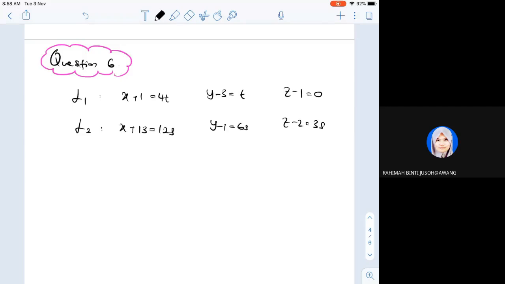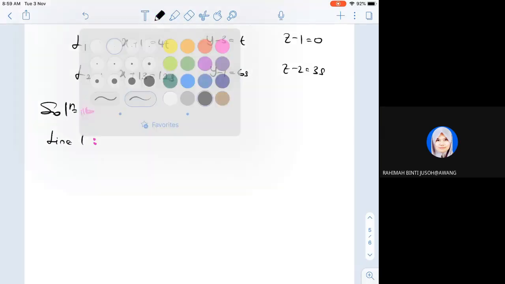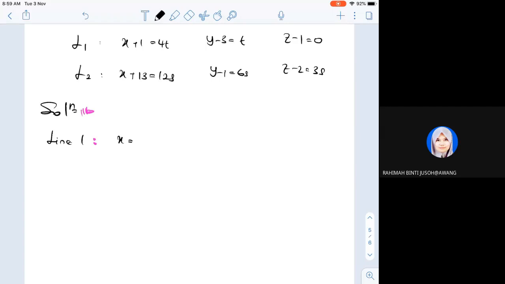So let us rewrite this. I rewrite it so that we can see the equations in the form of parametric equations. If we rewrite this, line 1, we have x equals -1 plus 4t, y equals 3 plus t, and then z equals 1.